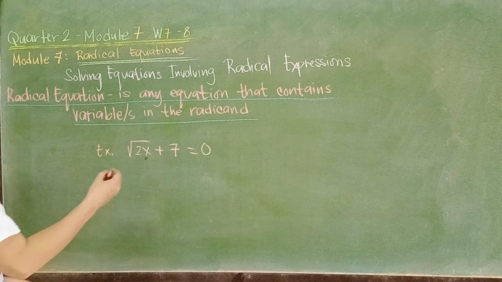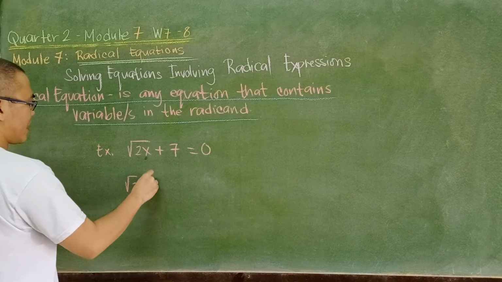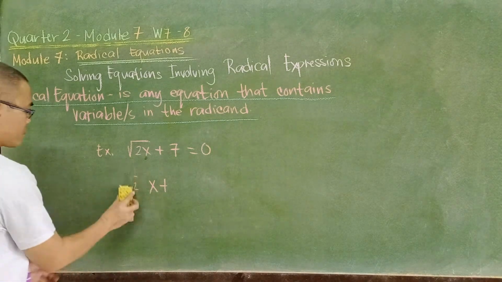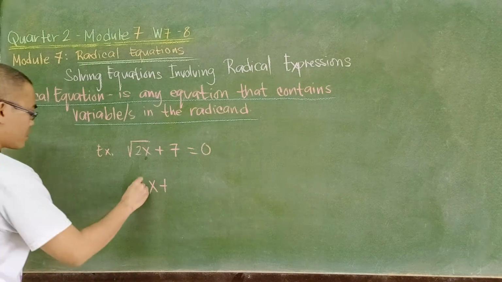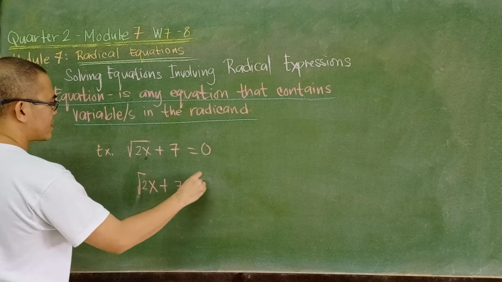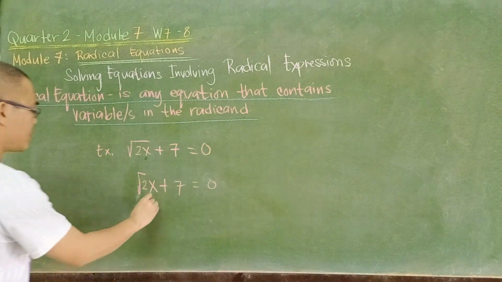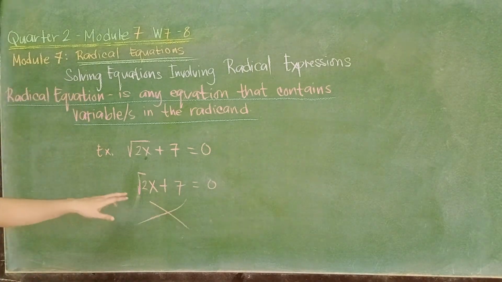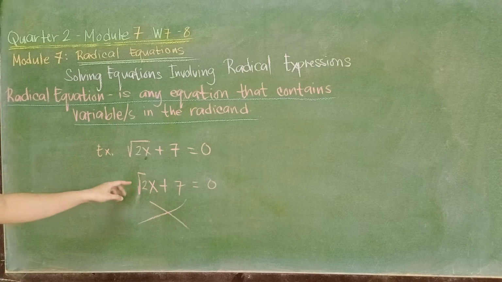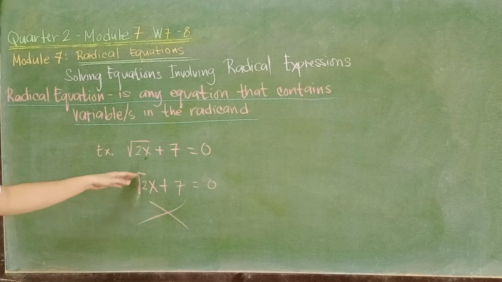Now, halimbawa, you have square root of 2 tapos x plus 2x tapos plus 7. This is not a radical equation kasi wala ka namang variable doon sa loob ng radical symbol.